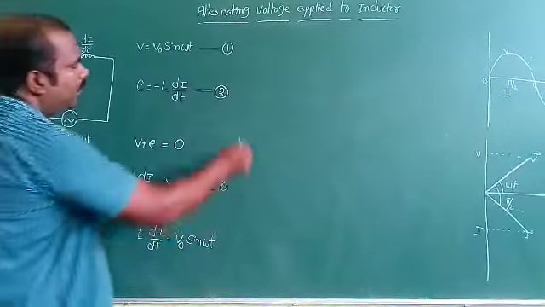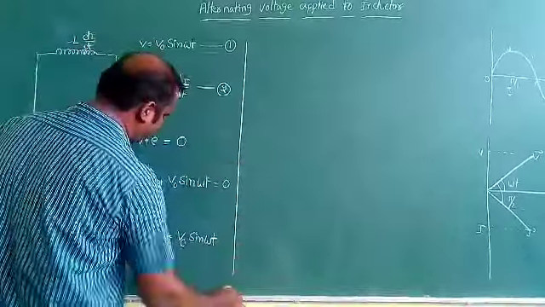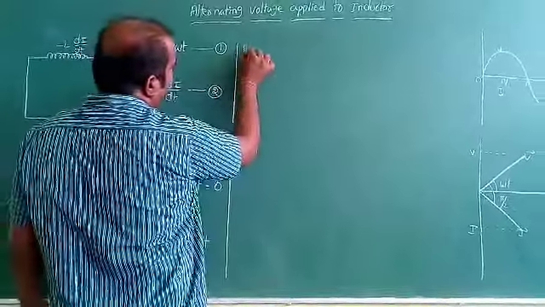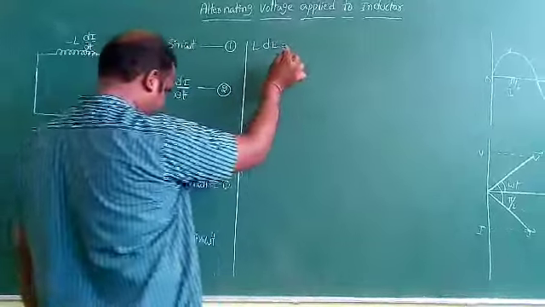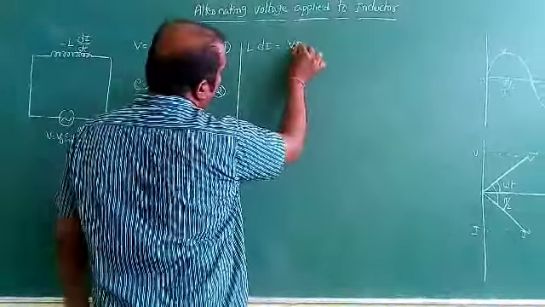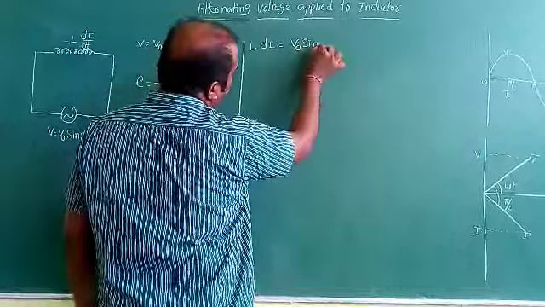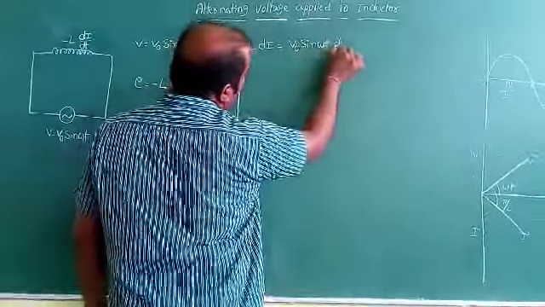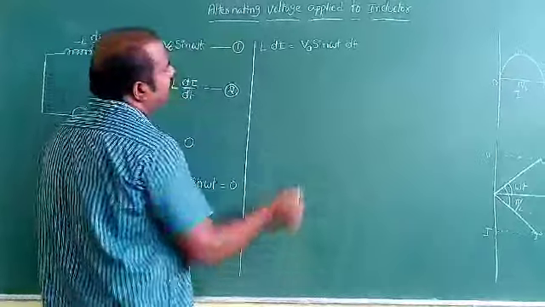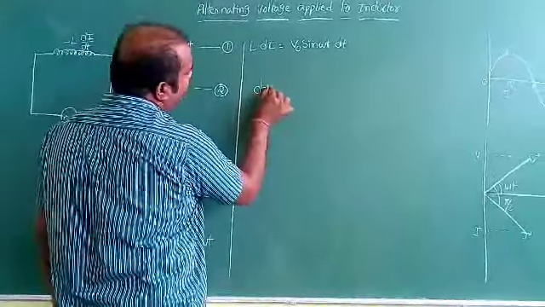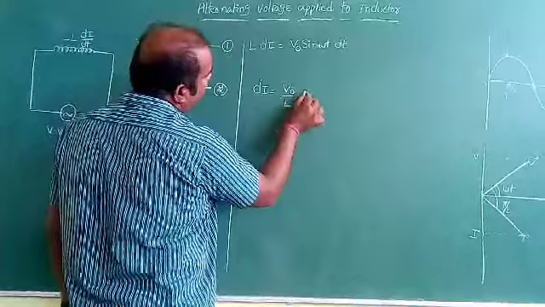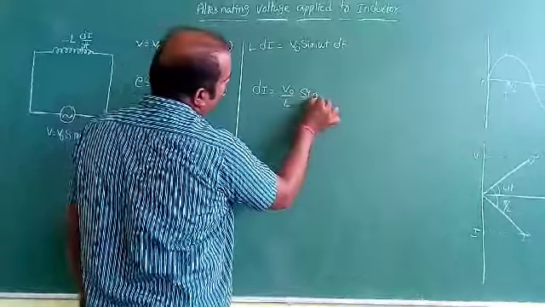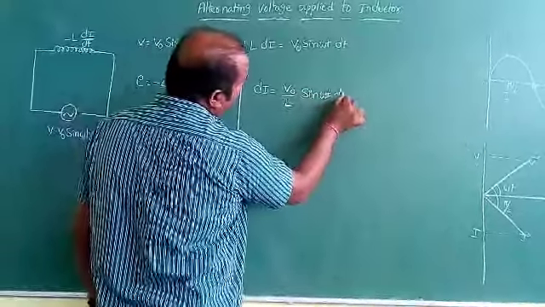Now L into di is equal to V naught sin omega t into dt, and di is equal to V naught by L sin omega t into dt.